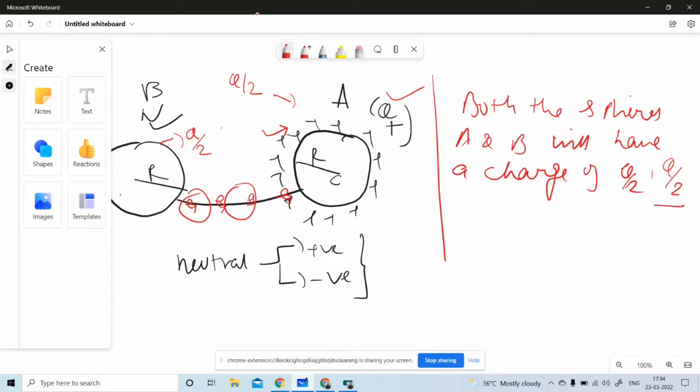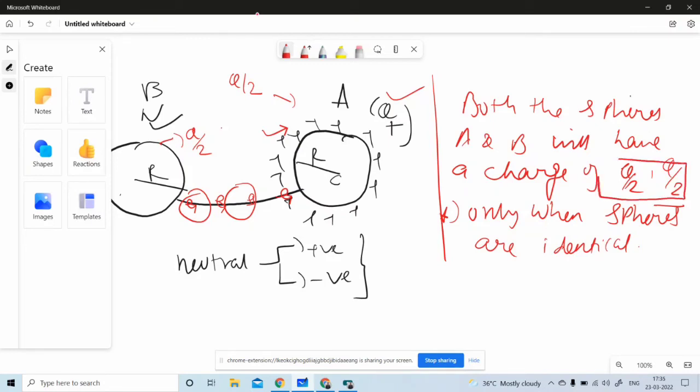This is possible only when spheres are identical. This should be clear to all of you. It is not necessary that charge will always be equally divided. Here the charges are equally divided between both the spheres because both the spheres are identical. If they are not identical, then charges will not be equally divided.